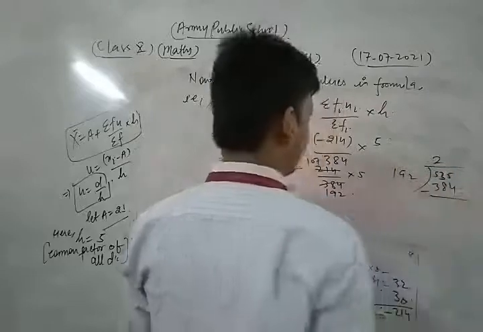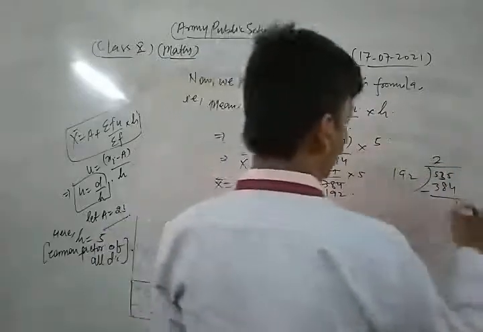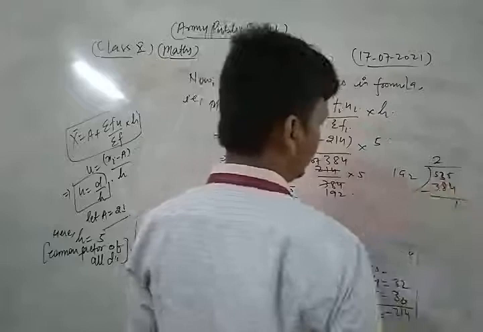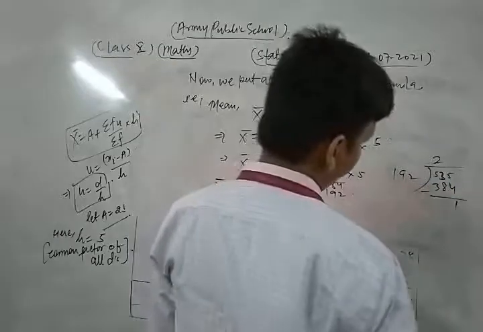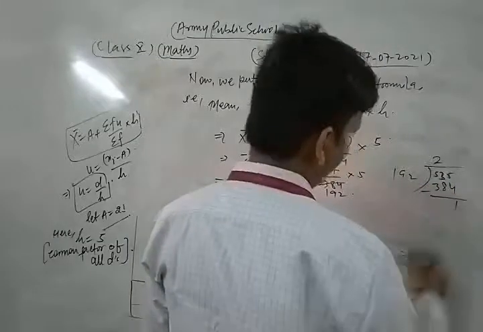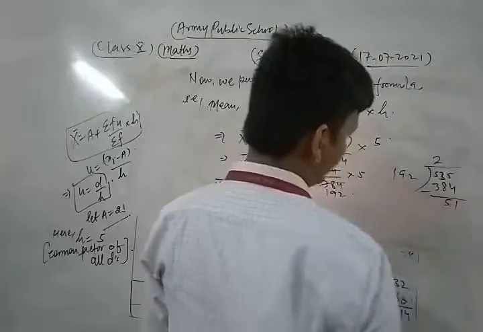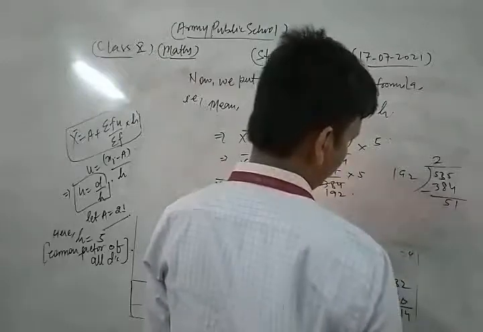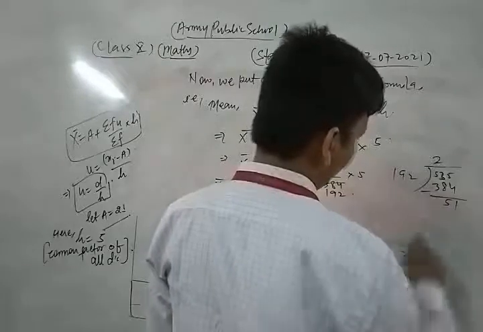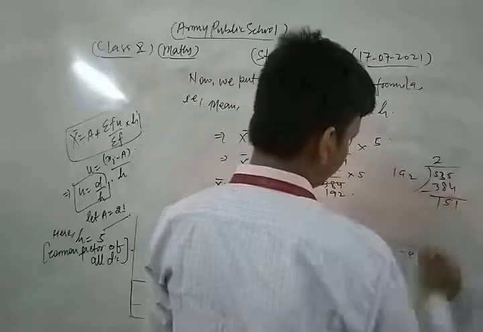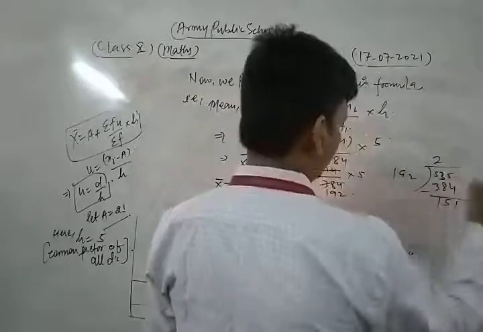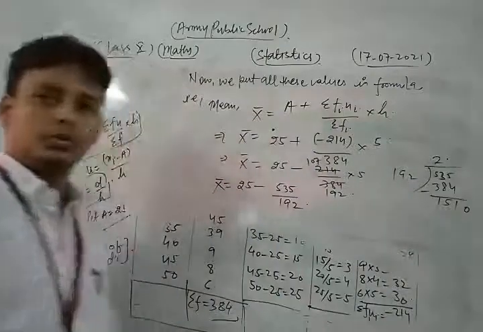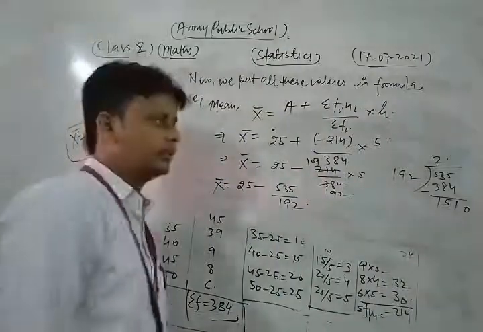Now we divide: 5 minus 4, that is 1. This is carry 13 minus 8, 5. Now 0.